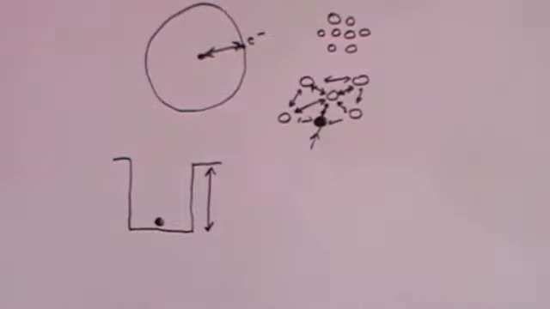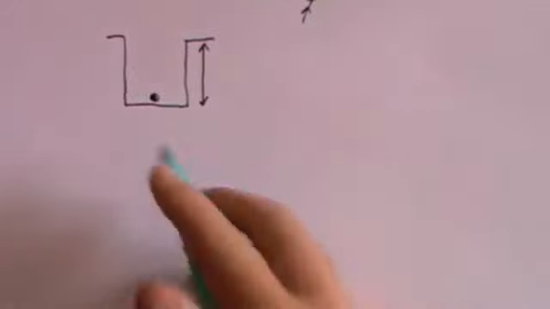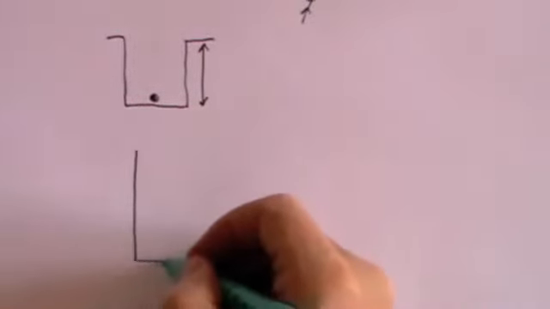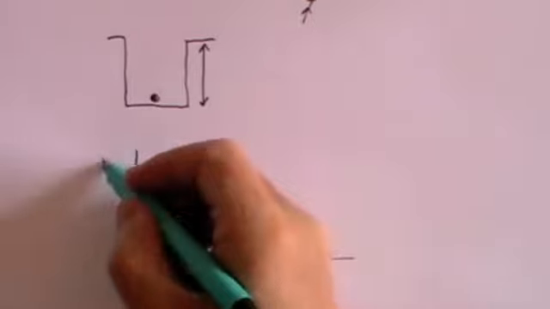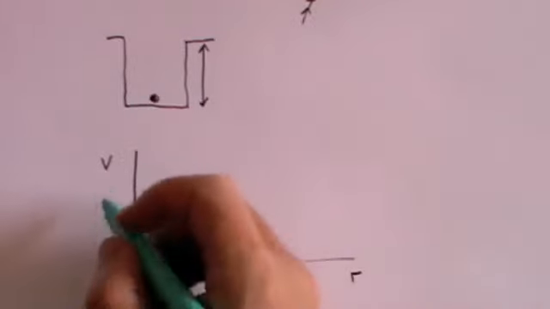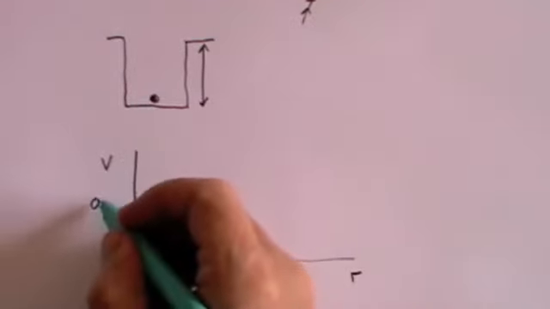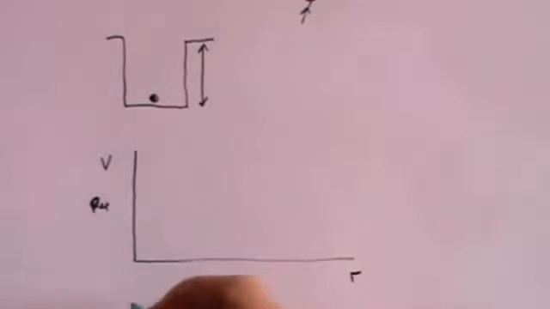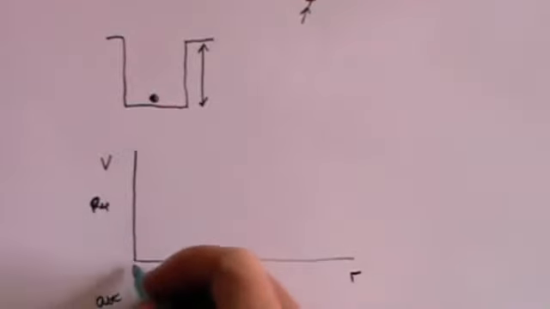Now the question is, what is the shape of that nuclear force? If we were to plot essentially the force, which we'll call V, against the distance from the centre of the nucleus, we would expect, just on the basis of basic reasoning, that the force, this is repulsive up here, and this is attractive down here.